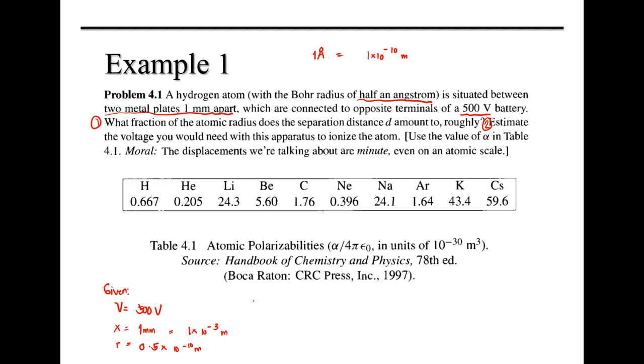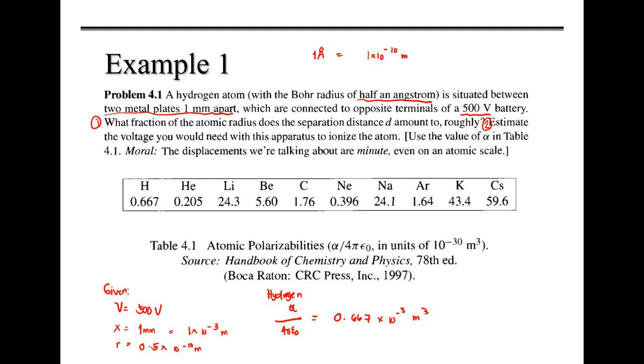Now, take note also that given in this table is alpha over 4 pi epsilon naught. And for hydrogen, alpha over 4 pi epsilon naught is equal to 0.667 times 10 to the minus 30 meter cube.